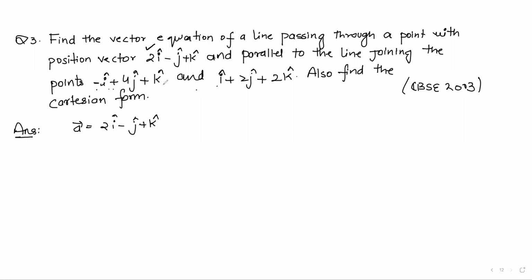These are the position vectors of the points. So find out vector B and use this r is equal to a plus lambda b. Please let me know if anyone has a doubt. But I hope you can solve this question on your own.